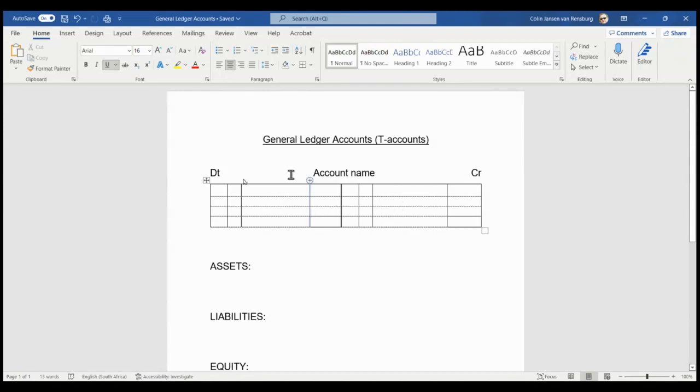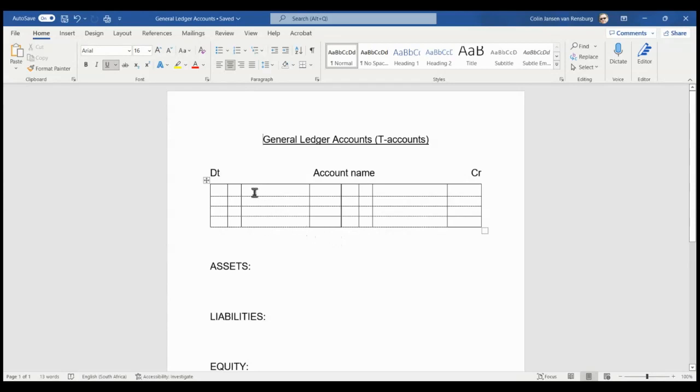So, ladies and gentlemen, here you can see on the left-hand side, and this is important for us to know, I know those of you who had accounting at school know this very well, but as we said last week and the week before, there are some students who did not have accounting at school, so we really have to go through the basics or the ABCs for their benefit.